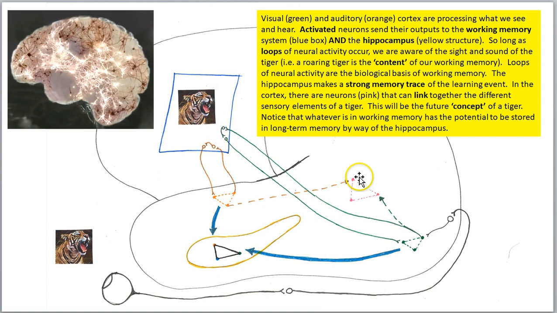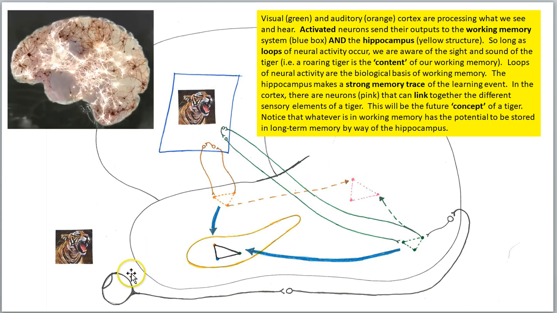These pink cells are in a region of brain called association cortex. They respond to both visual stimuli and auditory stimuli, and scientists argue that these kinds of cells can link together what a tiger looks like with what a tiger sounds like, and these populations of cells will be the future concept of a tiger.